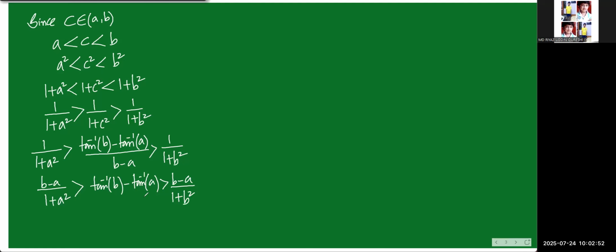A is greater than b को मतलब सबको पूरा उल्टा कर दो, इसको इधर ला. b minus a by 1 plus b square greater than will be changed to less than tan inverse of b minus tan inverse of a is less than b minus a by 1 plus a square.